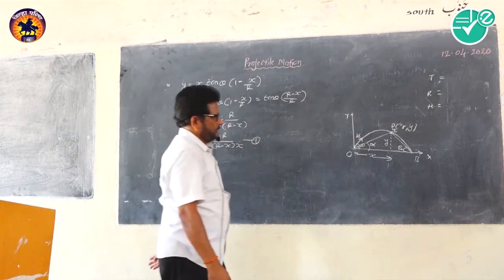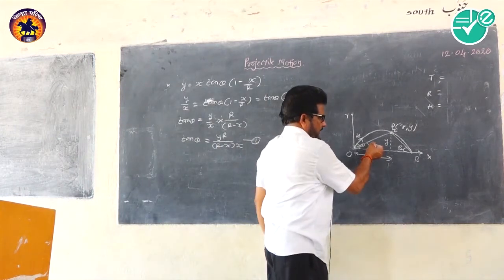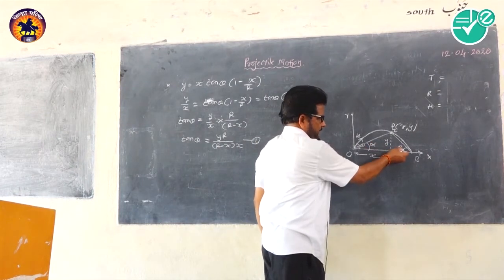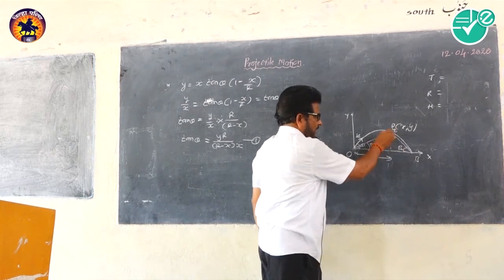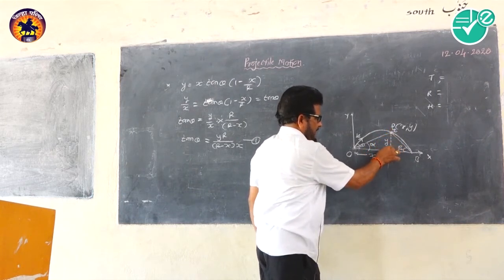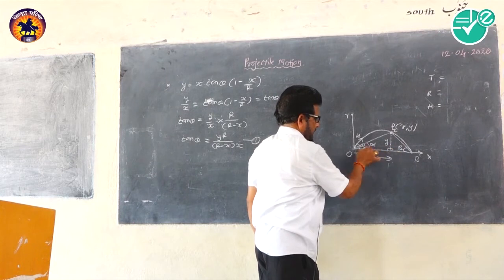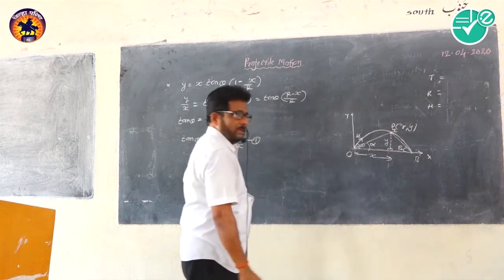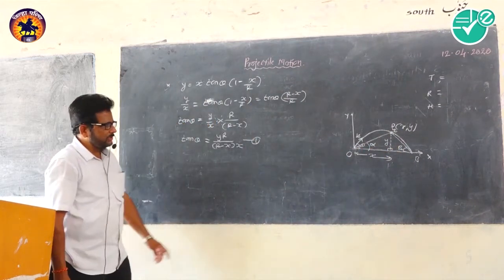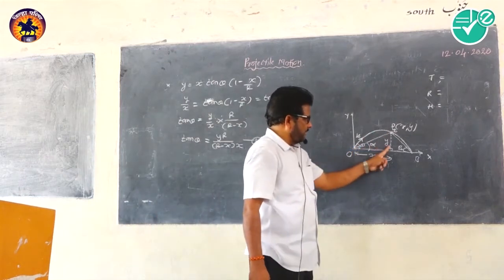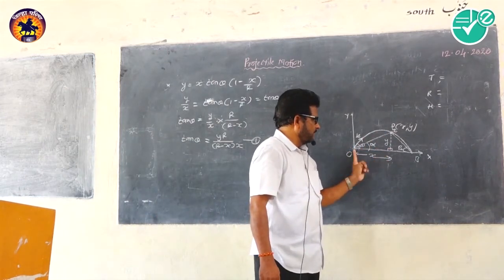Now, to find alpha and beta, to find alpha, consider this right angle triangle. For this right angle triangle, this is the height and this is the base.